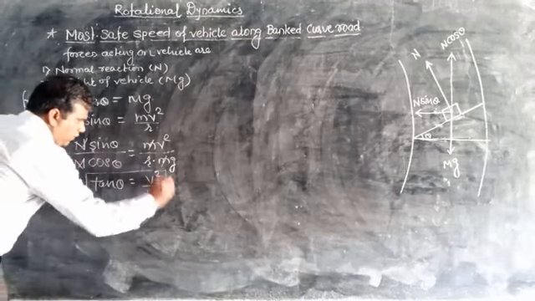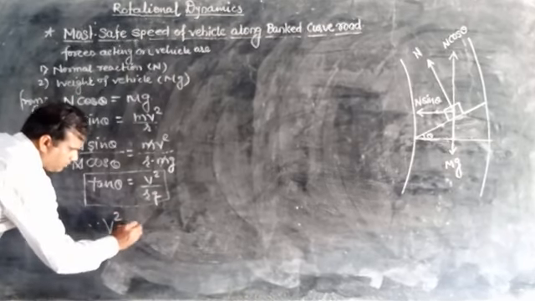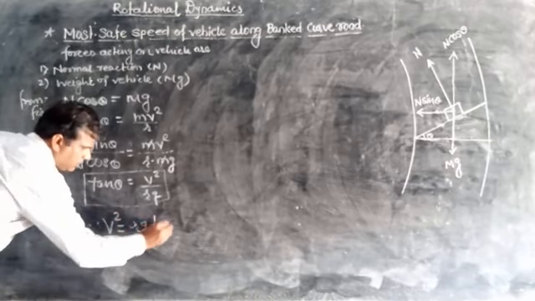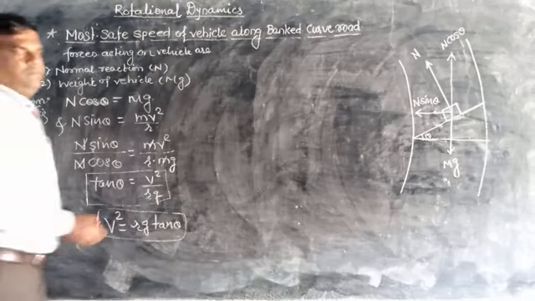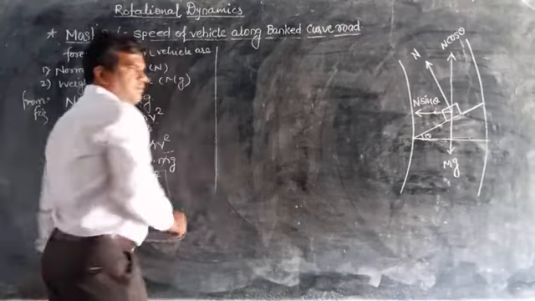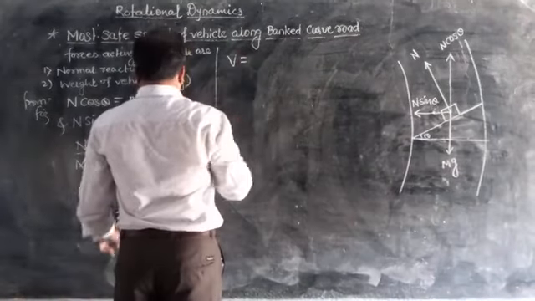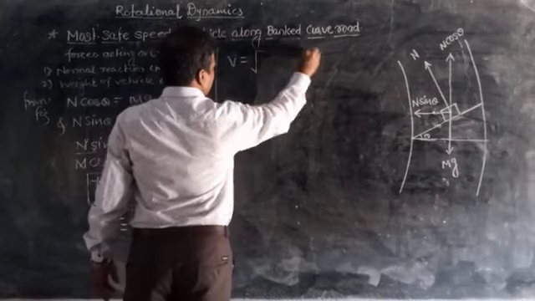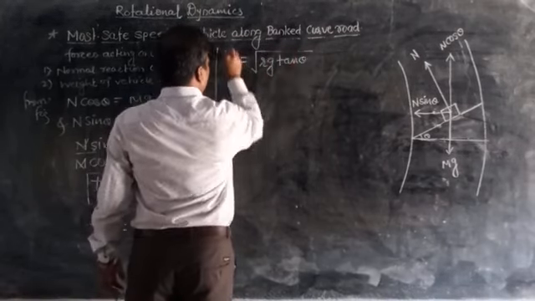This is expression for tan theta, and therefore v square is equal to rg tan theta. Now from this equation we can write the formula for maximum speed, that is v is equal to under root rg tan theta.